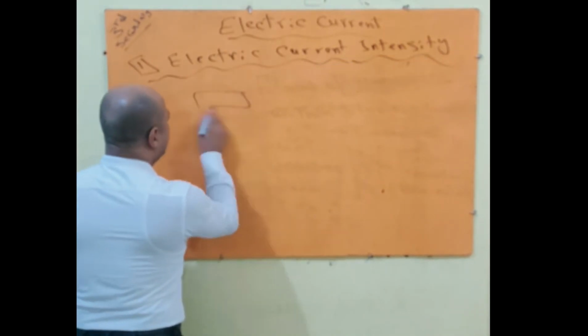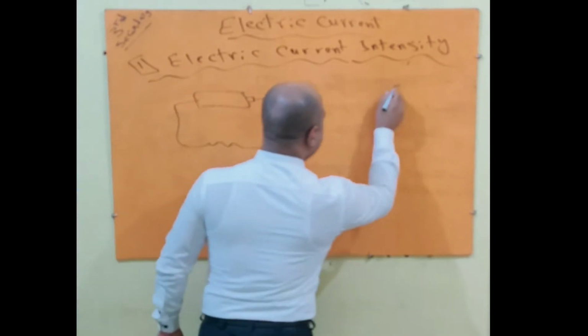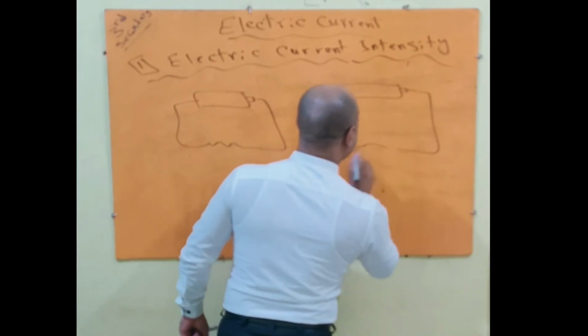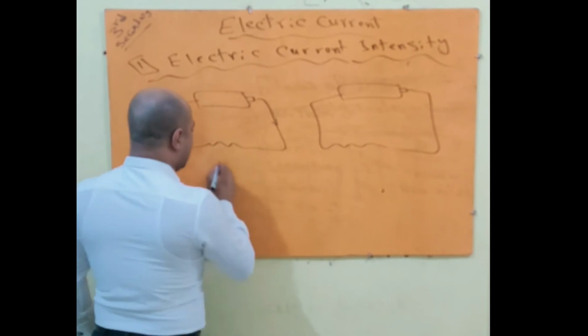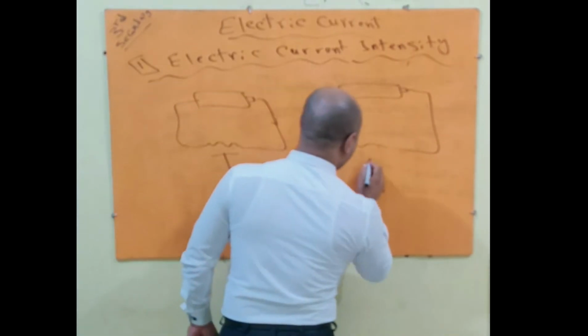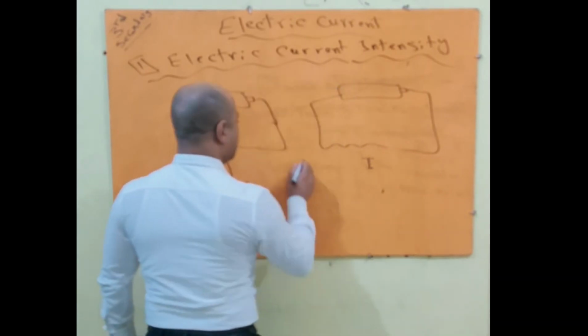If we have two electric cells, for example, in this circuit the cell has created a greater electric current, while this circuit has a smaller one.